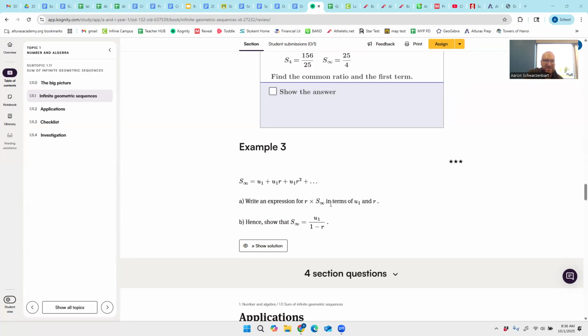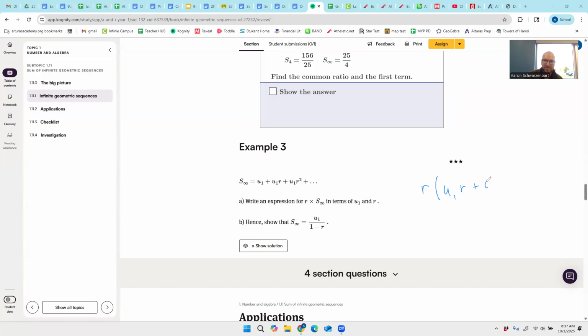So, write an expression for r times s infinity in terms of u1 and r. So we're told this, correct? What is the sum to infinity? Or r times s infinity would just be r.